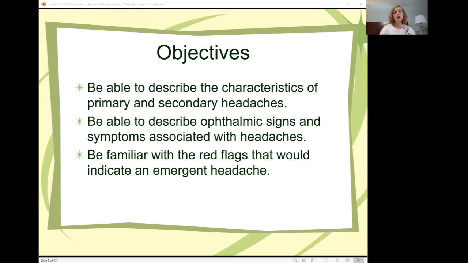First, we want to make sure that we pick up any vision related headaches. We want to make sure that the headache isn't easily corrected with glasses or vision therapy. Second, we want to recognize and deal with any headache that is potentially vision threatening or life threatening.